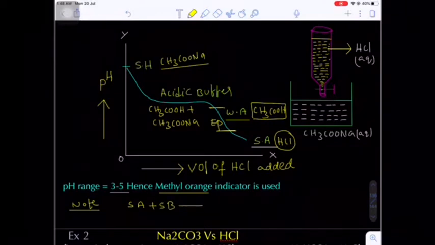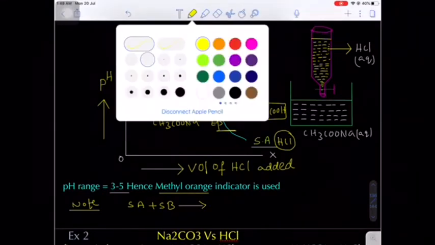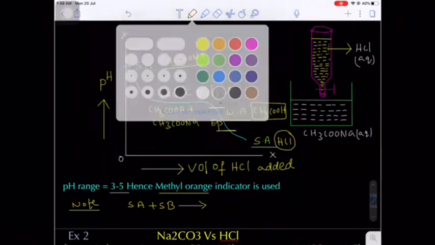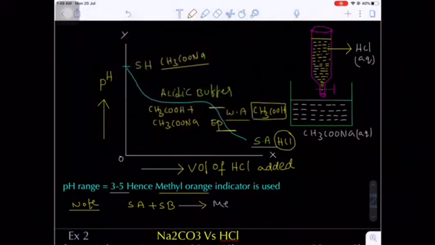Remember, I am writing one note here. Suppose strong acid and strong base are there. In the titration of strong acid and strong base, we can use 3 types of indicators.